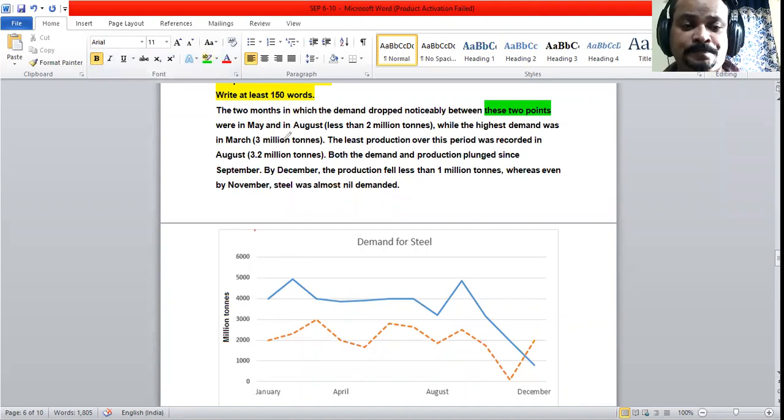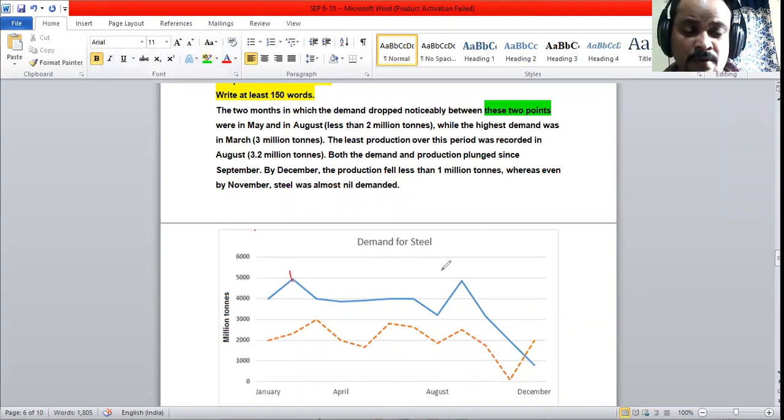Point number 1 was February. Point number 2 was September. So the 2 months in which the demand dropped noticeably between these 2 points were May and August.